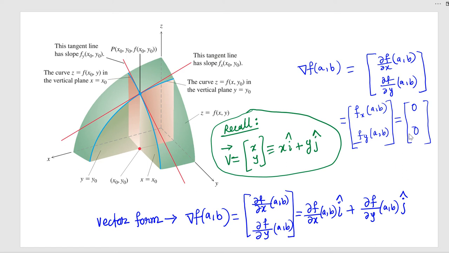Now, another thing we have to recall is the meaning of the partial derivatives on the surface. If you remember, this is the slope of the tangent along the y-axis, so Fy. Similarly, this is the slope of the tangent line along the x-axis, and we have seen this for z equals f(x, y).